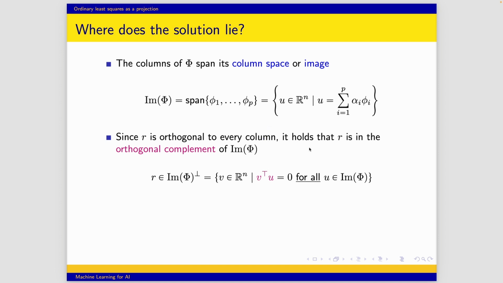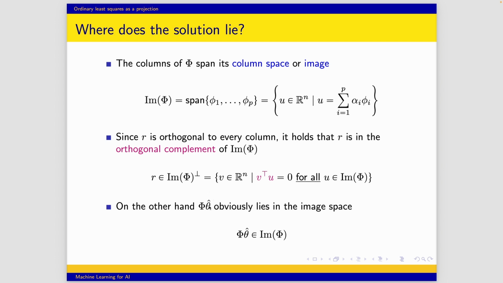So R lies in the orthogonal complement of the image space, and our solution phi theta hat obviously lies in the image space, right? Because the image space is defined as all vectors that we get by multiplying a vector by phi. So what are we doing here?